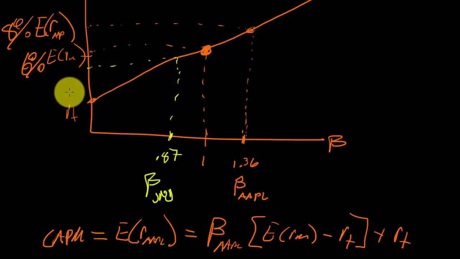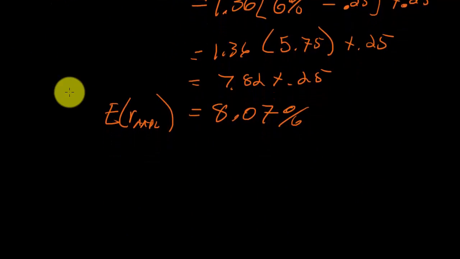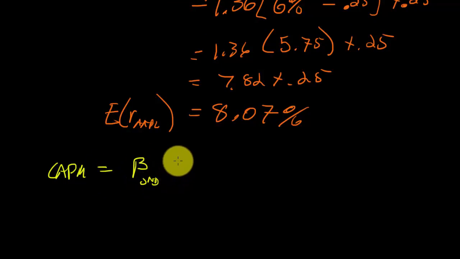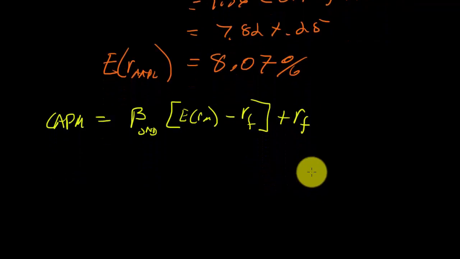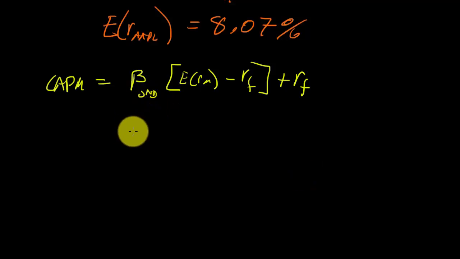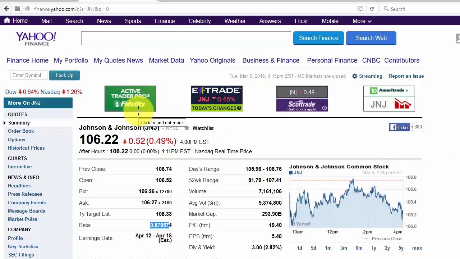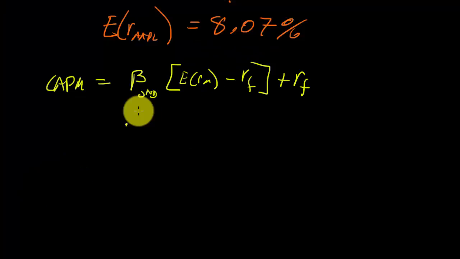And we can calculate it out. As a matter of fact, let's do it real quick just for practice. CAPM is equal to beta, in this case of Johnson & Johnson, times the expected return of the market minus the risk-free rate, plus the risk-free rate. Excellent. So what was the beta of Johnson & Johnson? It was 0.87, 0.88.